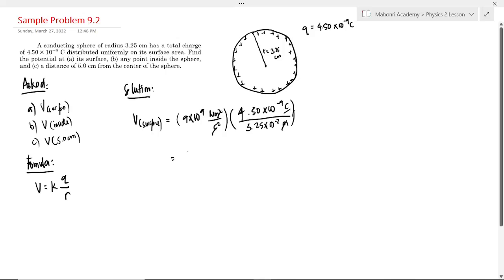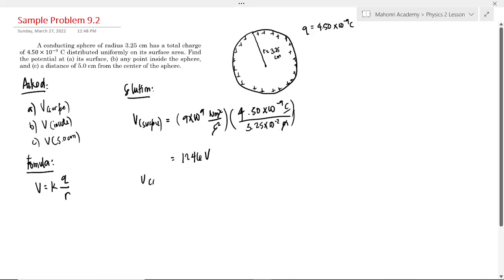So the potential in this part is actually about 1246 volts. Okay, so that is the potential on your surface.